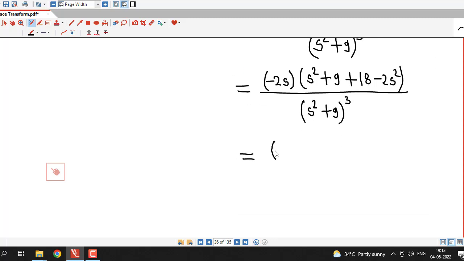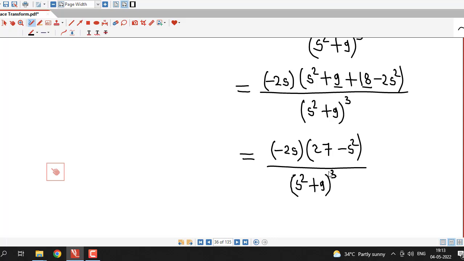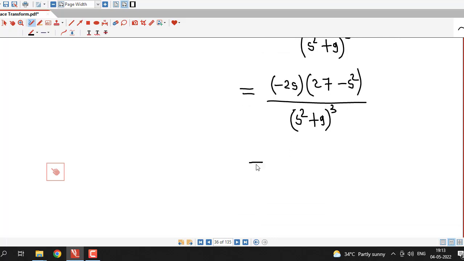So now we again rewrite: 18 plus 9, that is 27, s square minus 2s square, that is minus s square, divided by cube of s square plus 9, and this we can again rewrite by taking negative sign inside, and we have s square minus 27 divided by cube of s square plus 9.